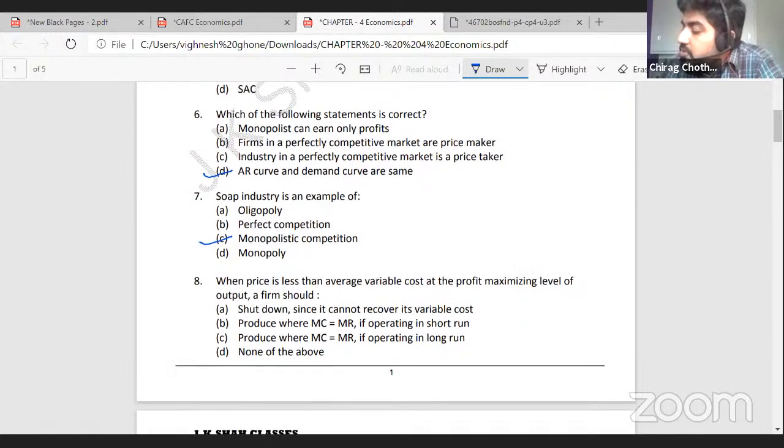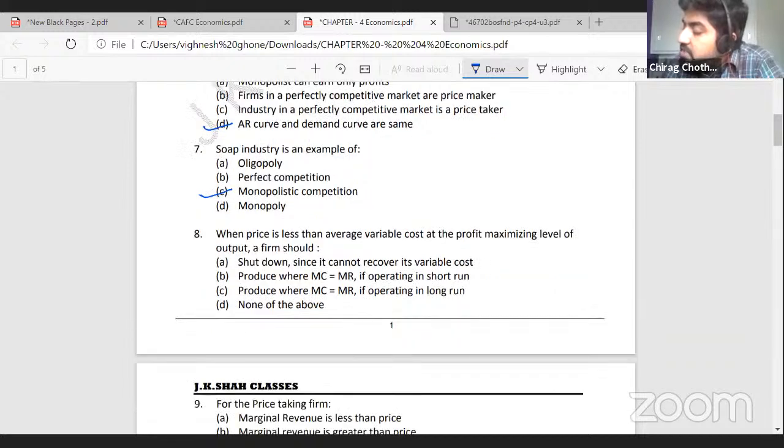Okay, so monopolistic competition. When price is less than average variable cost at the profit maximizing level of output, what do you mean by that? Price is less than average variable cost at the profit maximizing level of output, which means MC is equal to MR. So what should you do? Should you produce at MC equal to MR if you're not able to recover your price, or should you shut down? The ideal point is you should shut down, students.